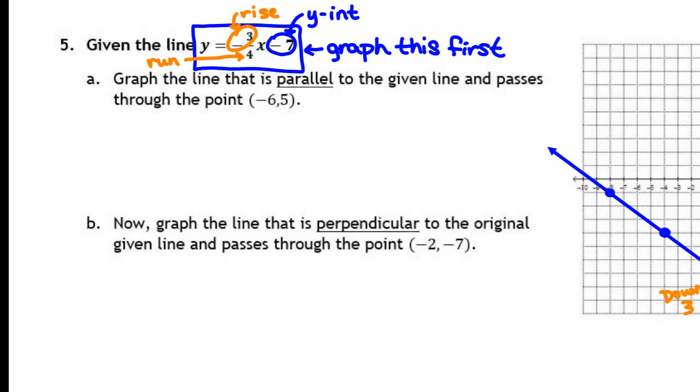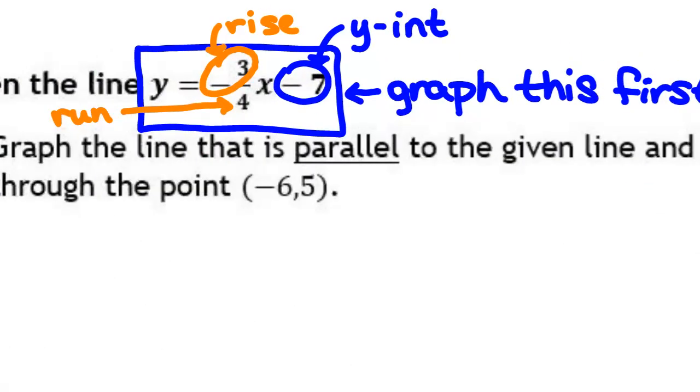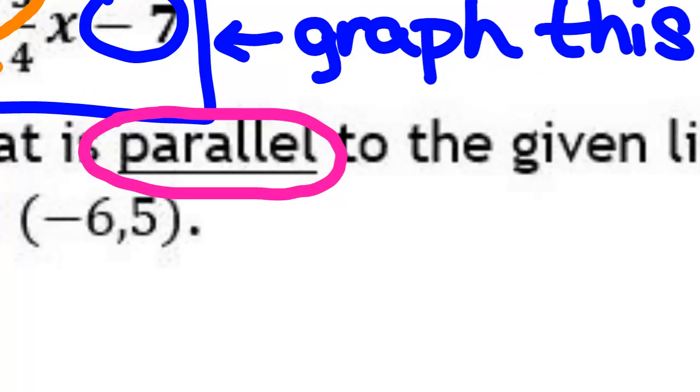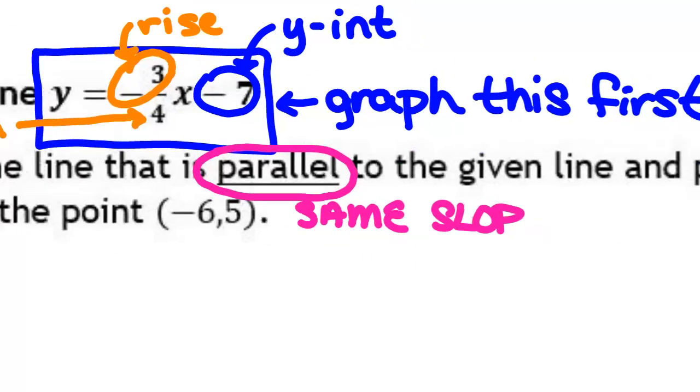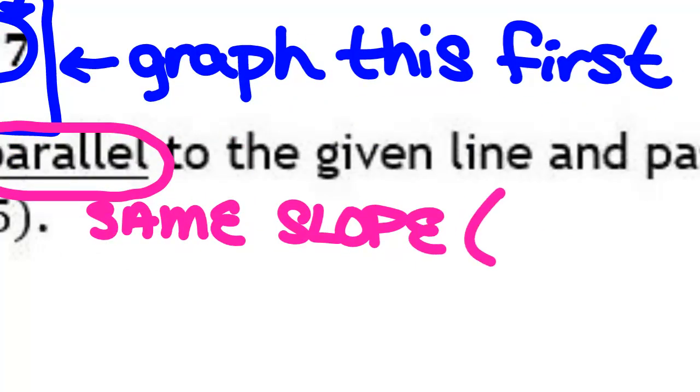All right. Now we're going to do the parallel line. Tell me about the slope for a parallel line. Same slope. What was the slope for my original line?